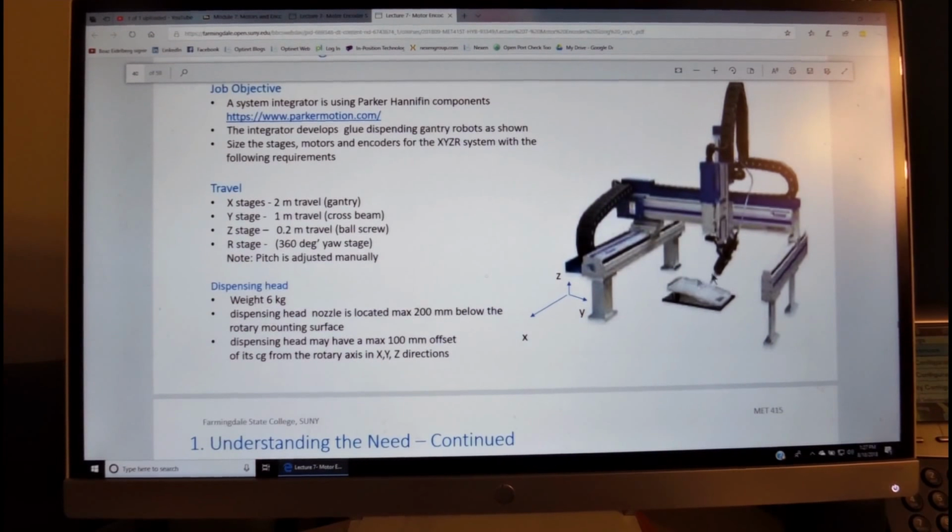We also have specification of the weight of the dispensing head, and we also have the offset over here, which is important to calculate the Abbe error between the mounting location of the dispensing head and the point of interest, which is the nozzle.